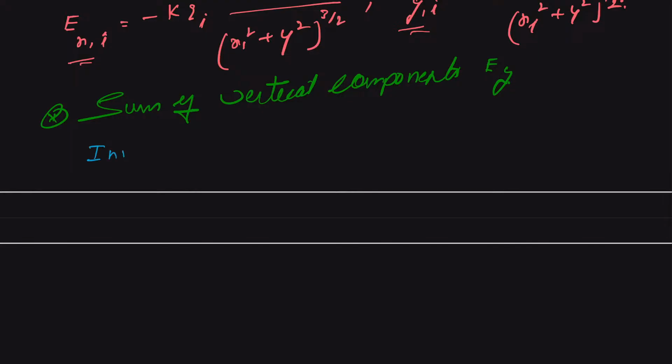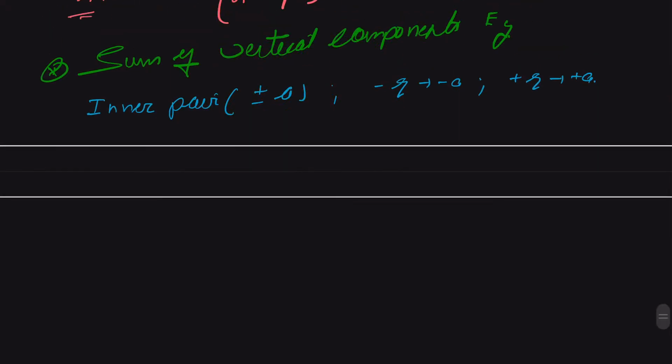So we have an inner pair at plus minus a, and we are given that minus Q is at minus a, and plus Q is at plus a, and the distance is the same.